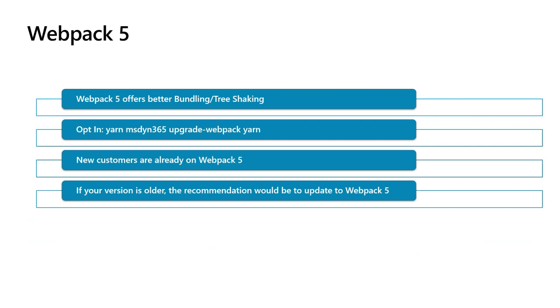As you know, tree shaking is a process of removing dead code that is not being used in the application, but is there in the code. Webpack 5 identifies that code during the build, which is how it improves performance. Webpack 4 used to do that, but Webpack 5 is better.